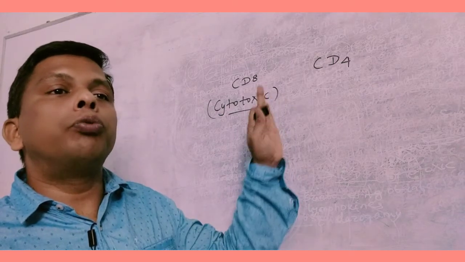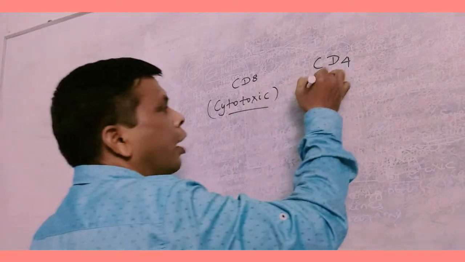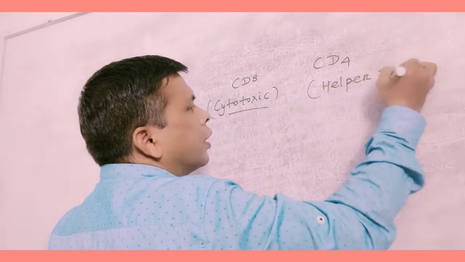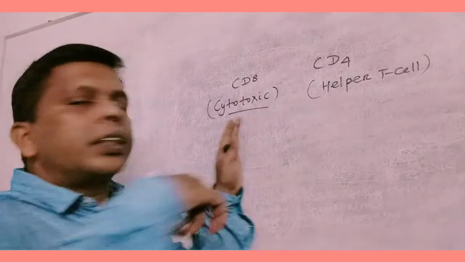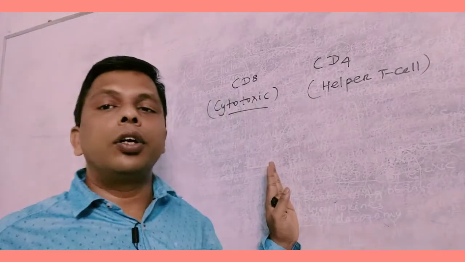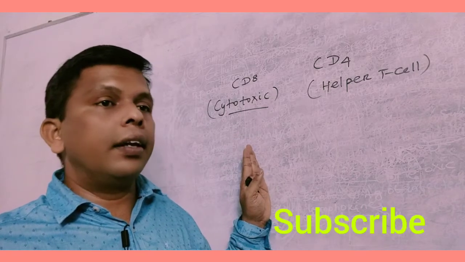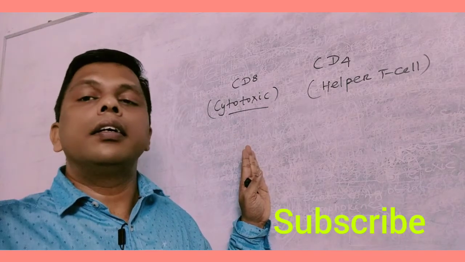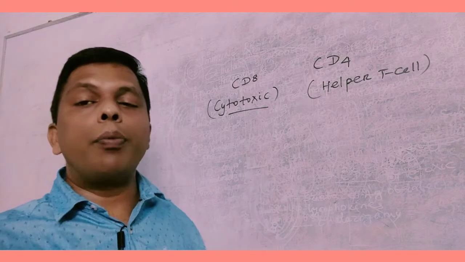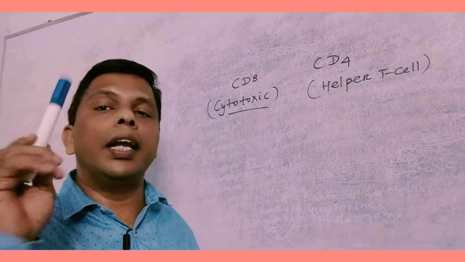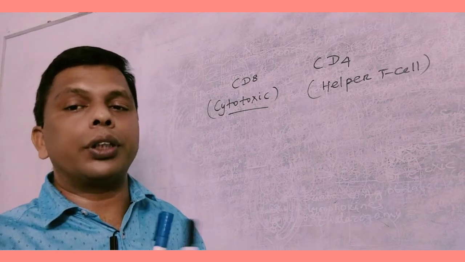The CD4 T cells are helper T cells. The cytotoxic T cell, what does it do? It directly kills the cell by producing certain chemicals. A specific cell is killed by the cytotoxic cell.